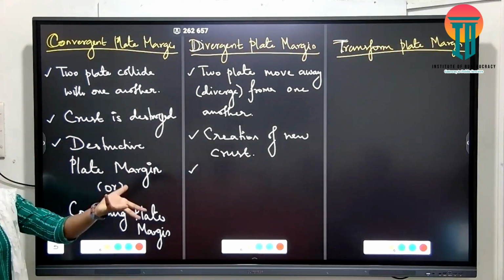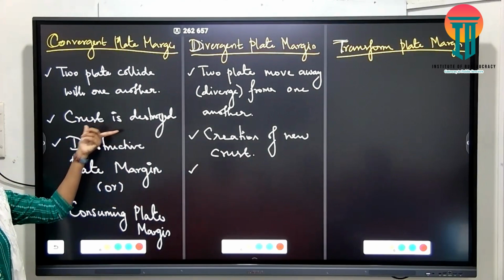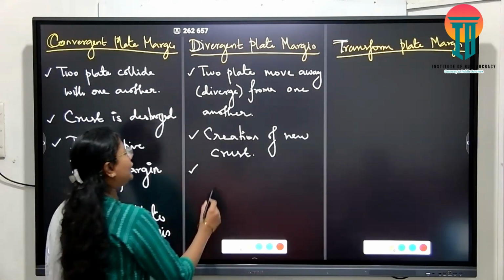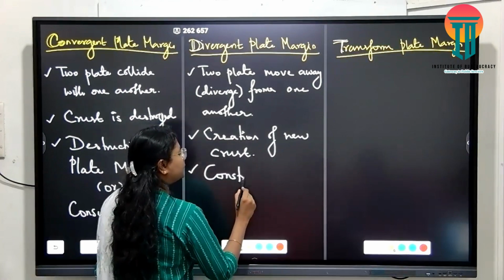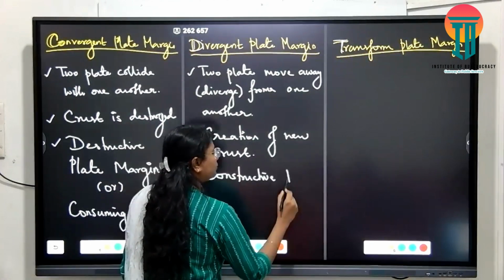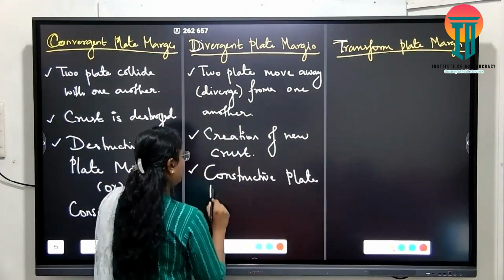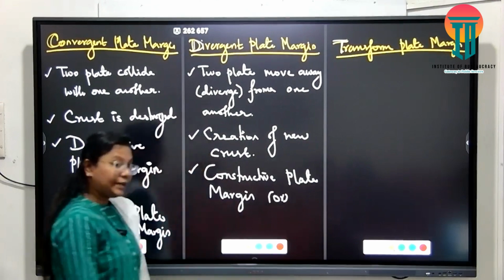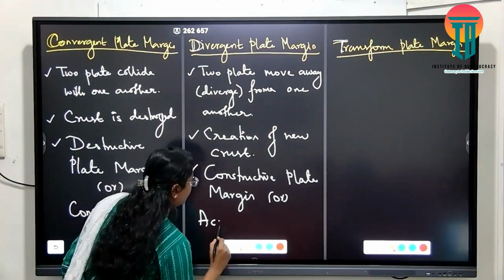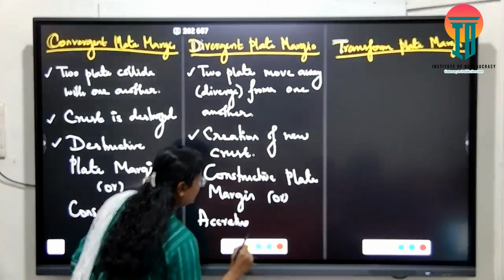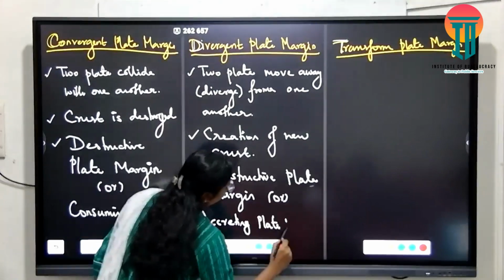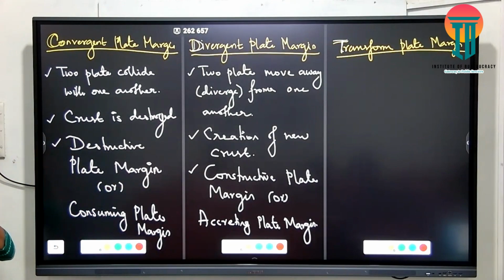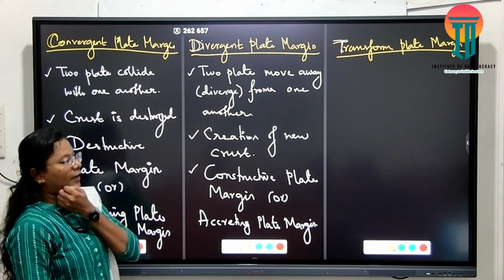Since crust is created, similar to how we called the other destructive plate margins, this is known as constructive plate margin, or accreting plate margin. Constructive plate margin or accretive plate margin.